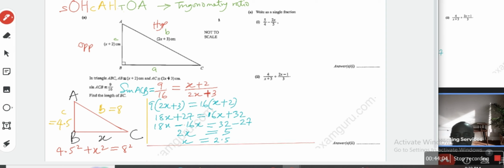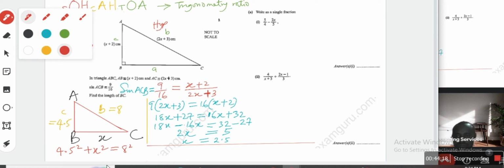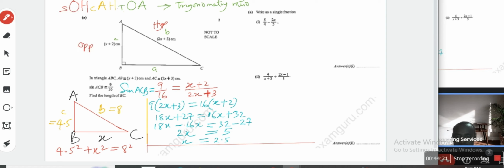Let me solve for 4.5 squared. What's 4.5 squared? Because x squared will be equal to 8 squared minus 4.5 squared. Collecting like terms. So what is 4.5 squared?